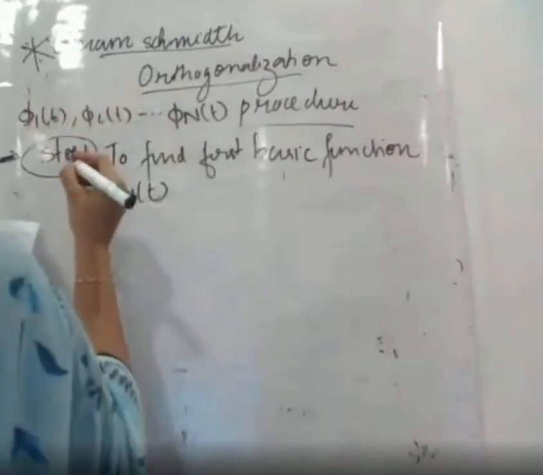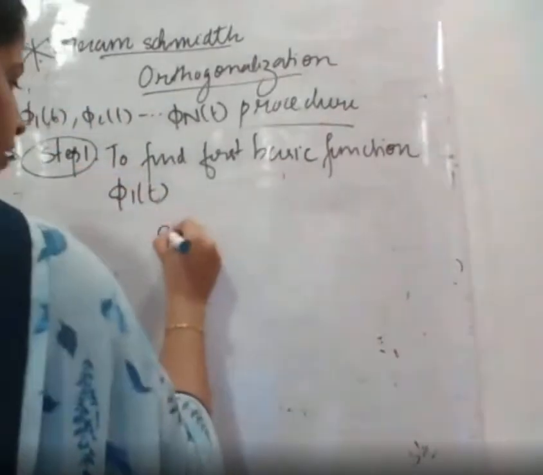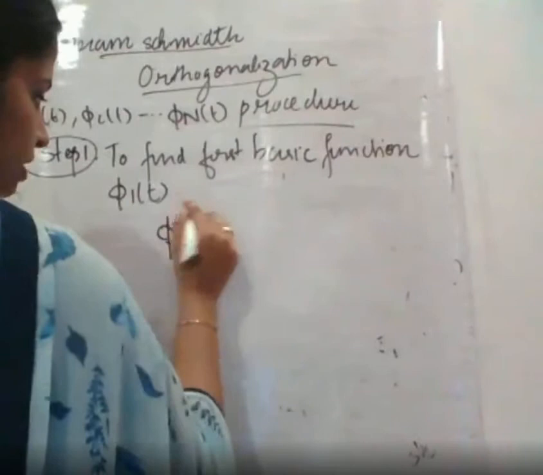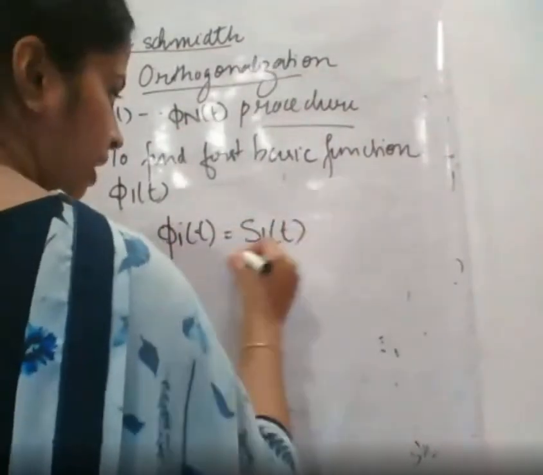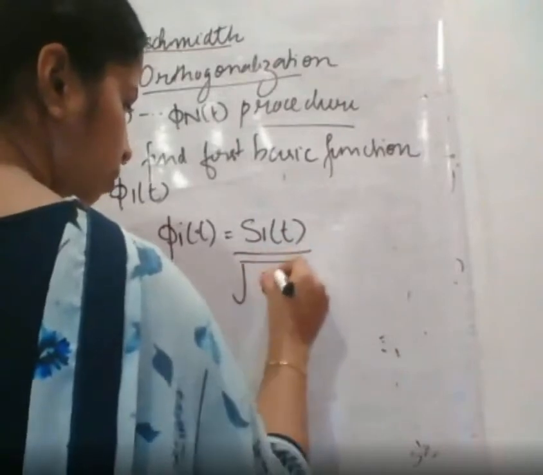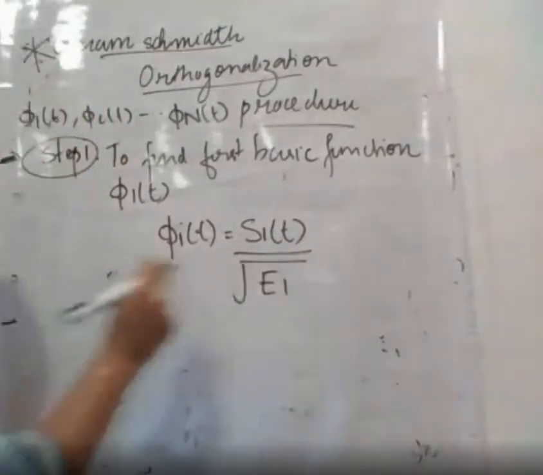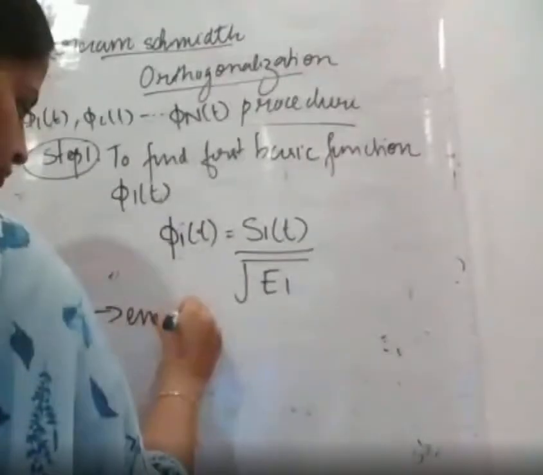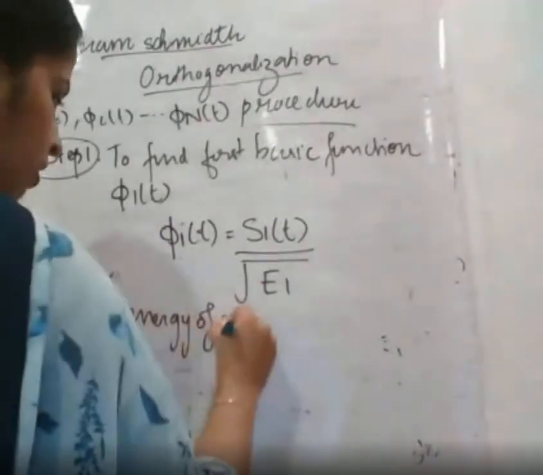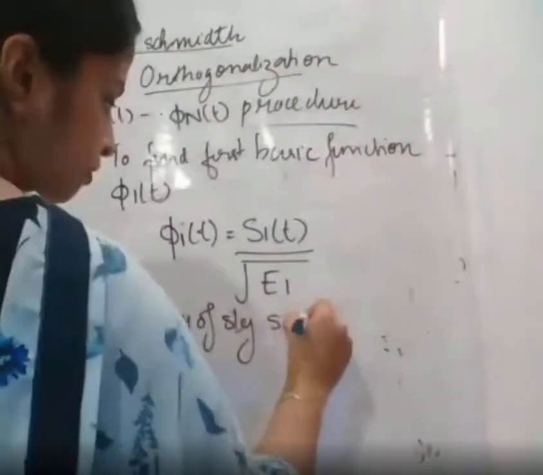So here, for phi1 of t, find the equation. Phi1 of t is nothing but our signal s1 of t divided by root of E1. E1 is nothing but the energy of signal S1 of t.